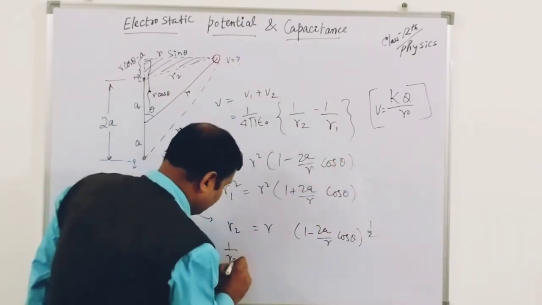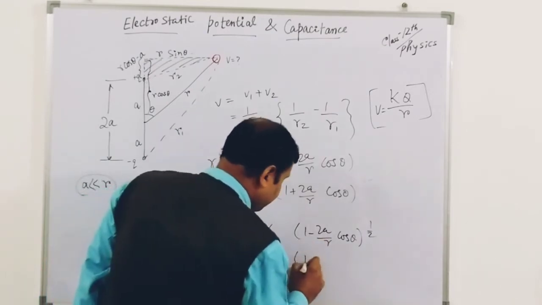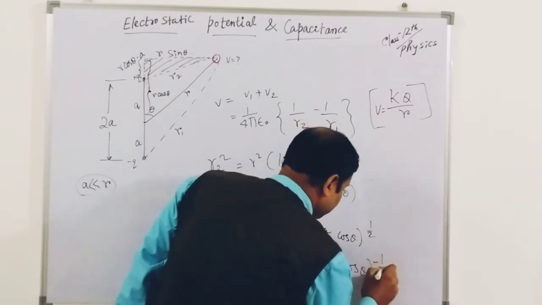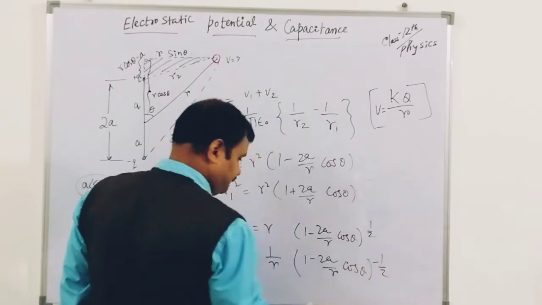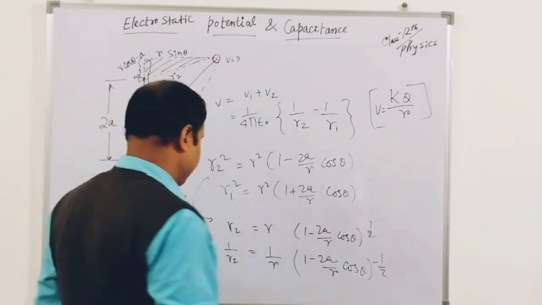So 1 by r2 we will say this is 1 by r, and this will be 1 minus 2a over r cos theta whole to the power minus half, because this will come down as 1 by root of this component.